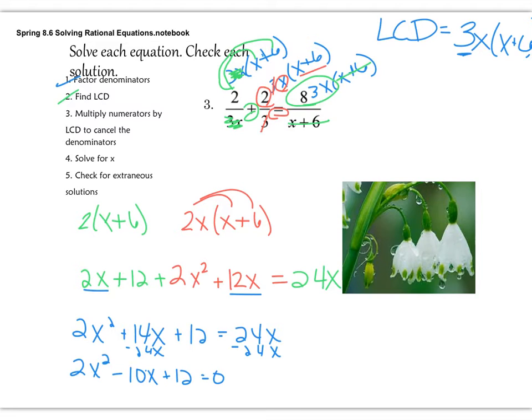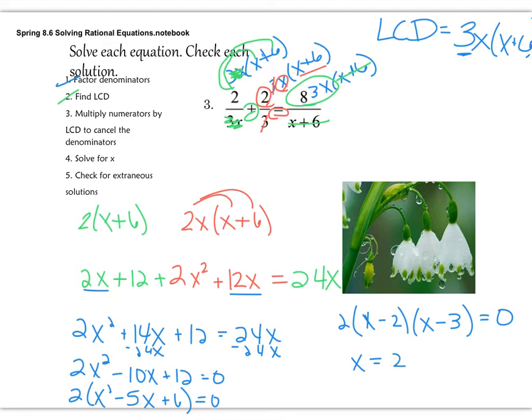So now I can factor that. I'll take out a 2. x squared minus 5x plus 6. I can factor that further. That's going to factor to x minus 2 and x minus 3. So we get x equals 2 and 3.